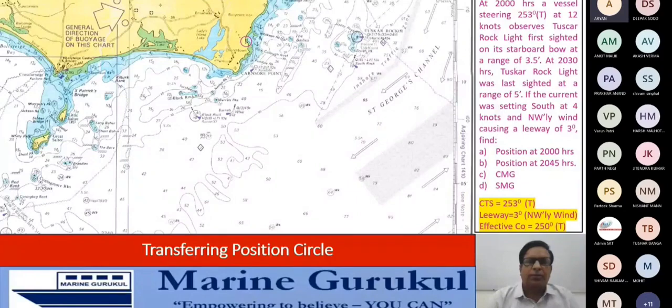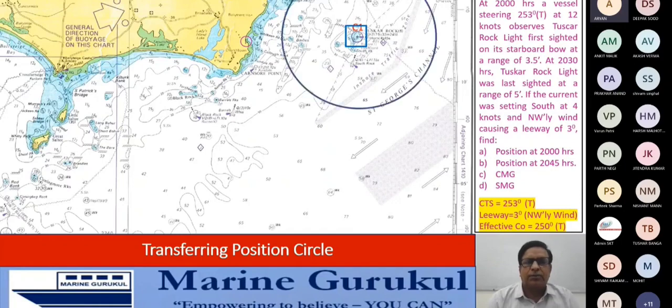So when we have to allow for both wind and current, we allow for wind ideally on the answer sheet and we use the effective course to plot. So now we first draw the 2000R position circle. We identify Tusker Rock. This is C1, with C1 as center and first sighting range of 3.5 miles as radius.